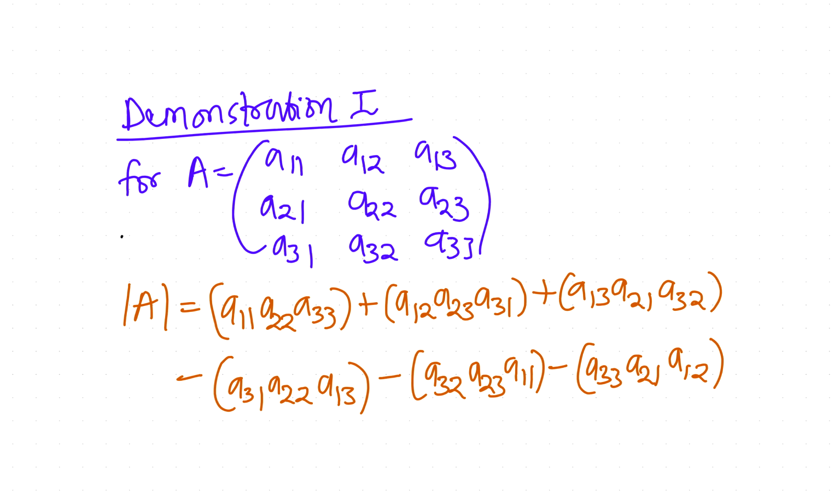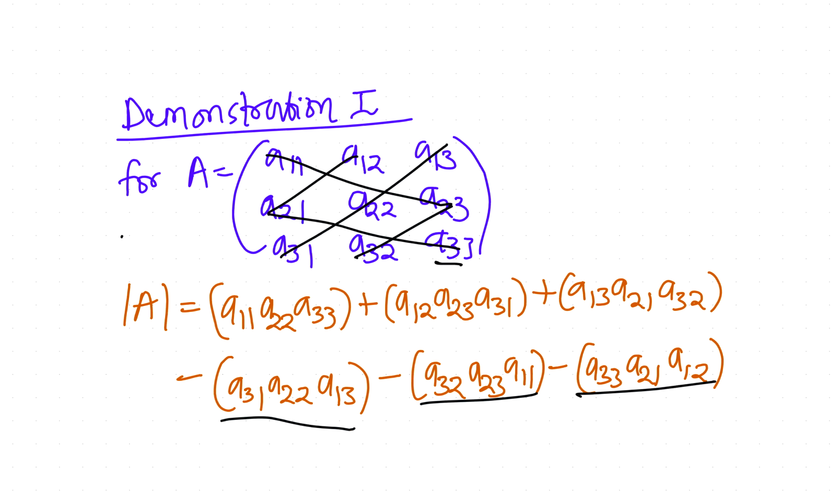The first way is you go A31, A22, A13, and that's why you have this. Then the next one would be A32, A23, A11. That's this. And lastly, you have A33, A21, A12. That's why you have this. So at the end of the day, you sum up all of these and you subtract all of those from that, and then you get your determinant.